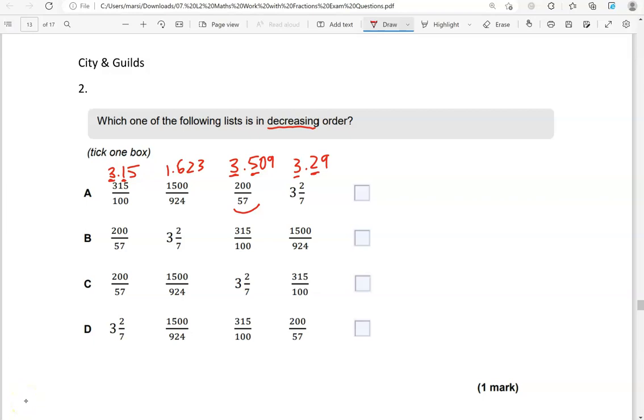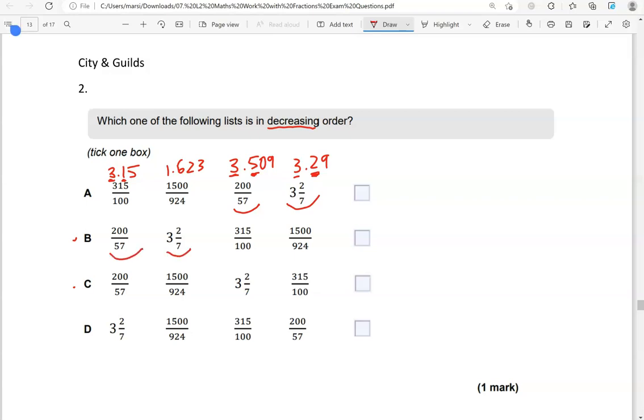So that should be the first in the list, and that's the case for B and C. Looking at the next biggest fraction, and we've got 5 as I said, so now is it 2 or 1? 2 is larger than 1, so this is the next biggest fraction, and that's coming as the second one here.